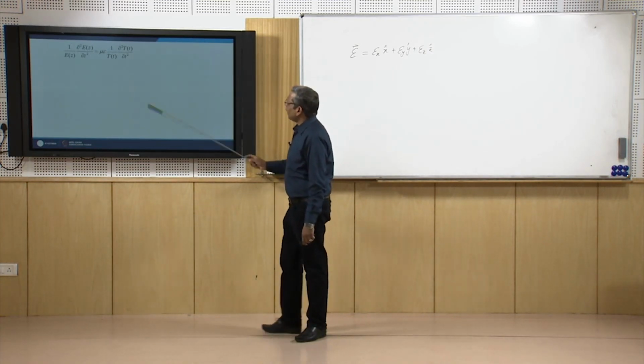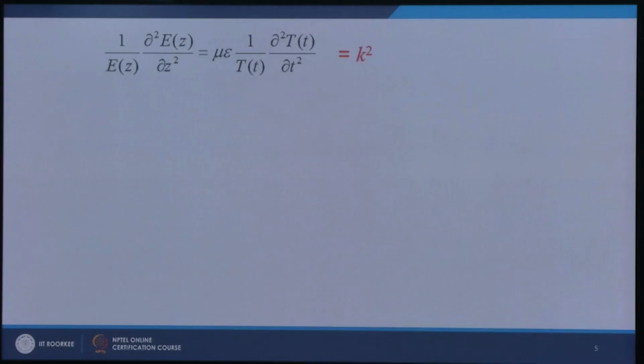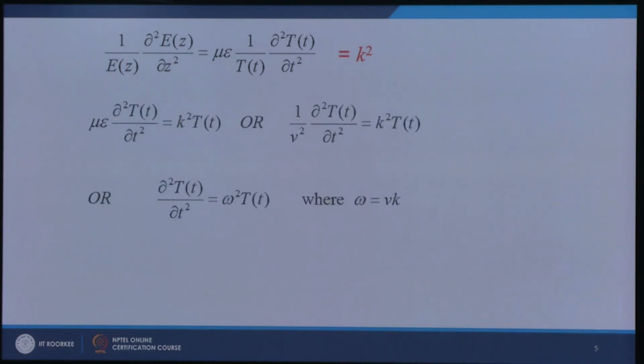So, I equate it to some constant k square. Please see that k is simply a constant, purely a mathematical constant. What does it signify? Physically we will see later on.